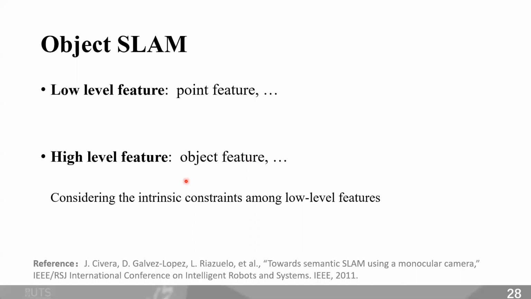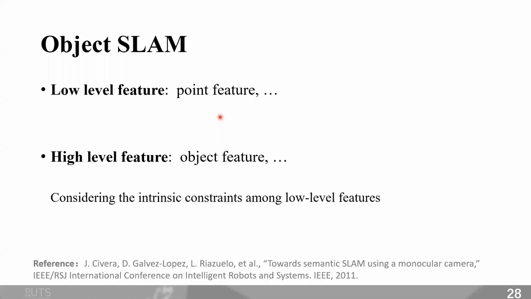And object features consider the constraints among low-level features, such as point features, and they contain more information. In much research, SLAM problems using object features have some good properties, better than just using low-level features.